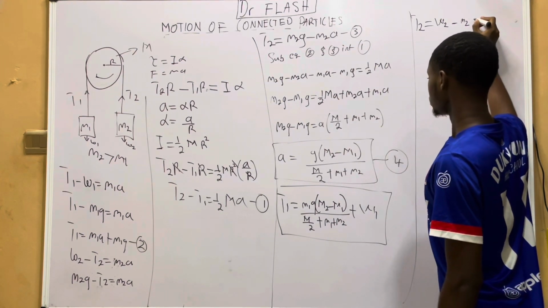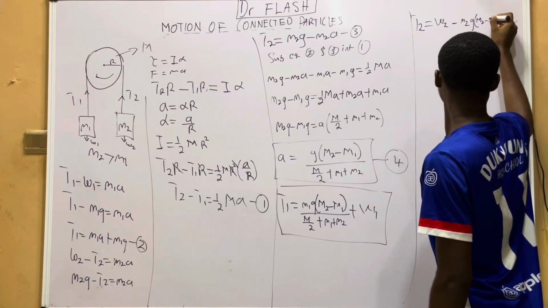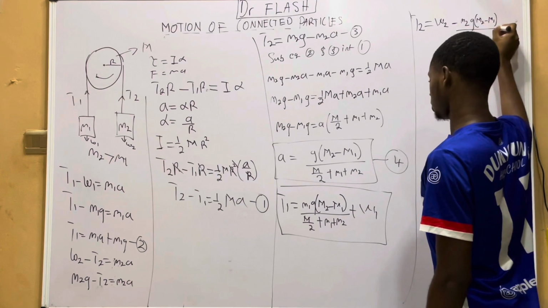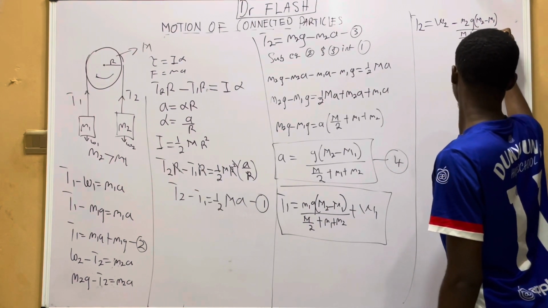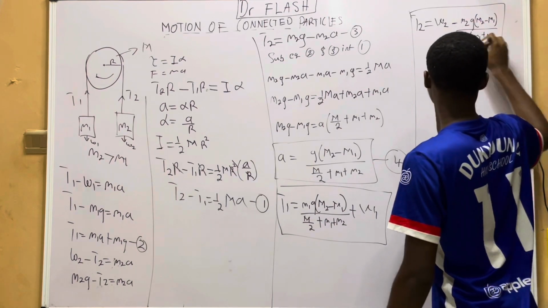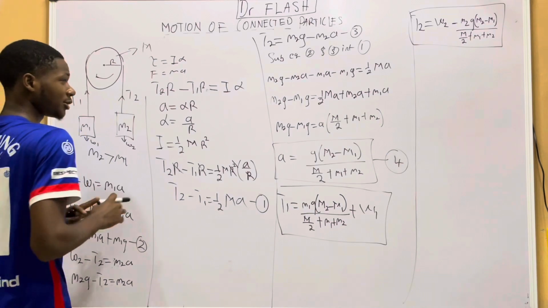That is G into brackets M2 minus M1 divided by big M over 2 plus M1 plus M2. Here's the formula for calculating the next tension. So I think this procedure is quite easy and simplified to the fullest.